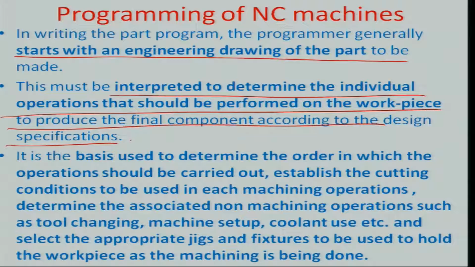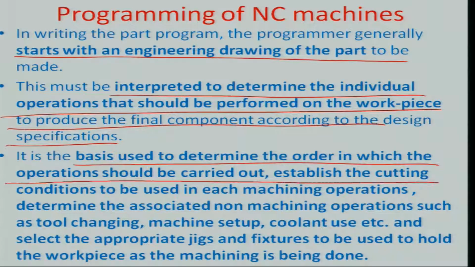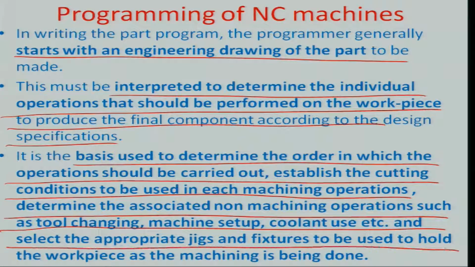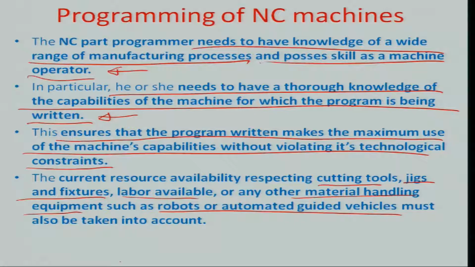And this is the basis used to determine the order in which the operations should be carried out, establish the cutting conditions to be used in each machining operation, determine the associated non-machining operations such as tool changing, machine setup, coolant use, etc., and select the appropriate jigs and fixtures to be used to hold the workpiece as the machining is being done. Okay.